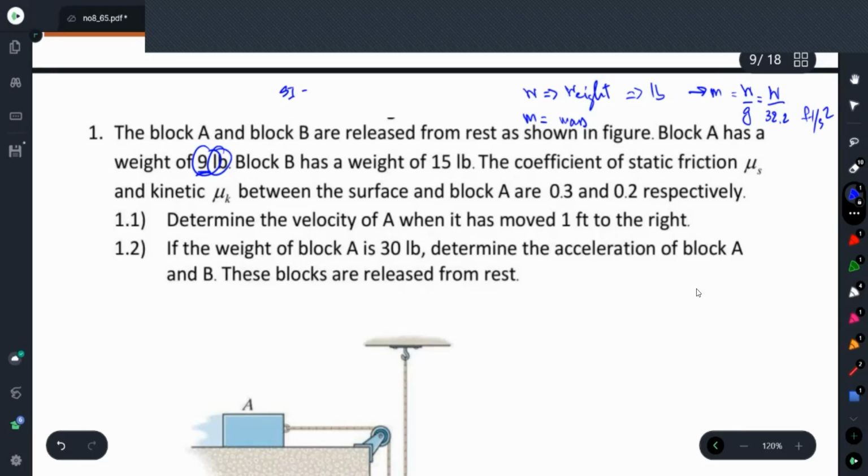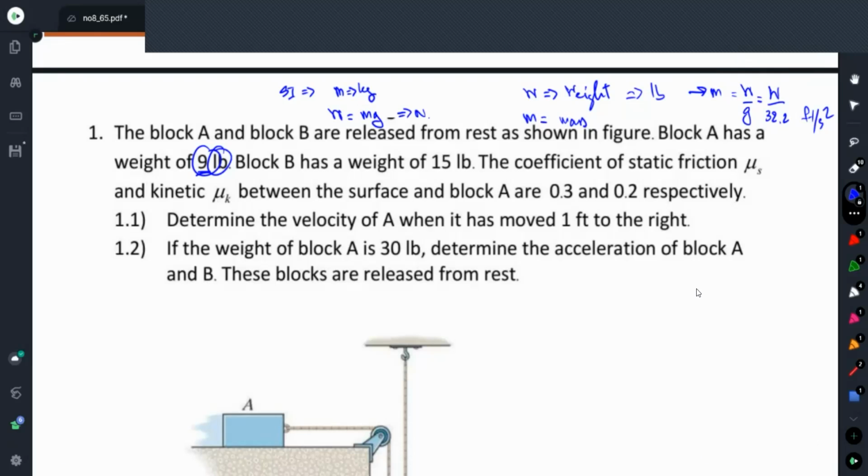For the SI unit, mass is the base unit, in kilograms. So when we would like to find weight, we have to multiply by g, so it becomes Newtons. Do not confuse about this.